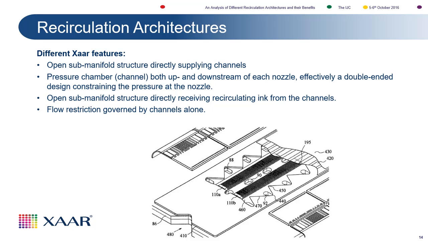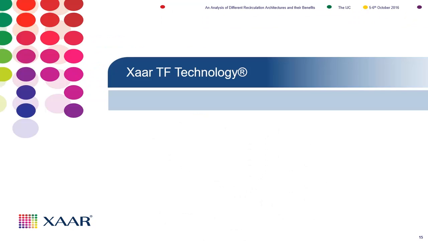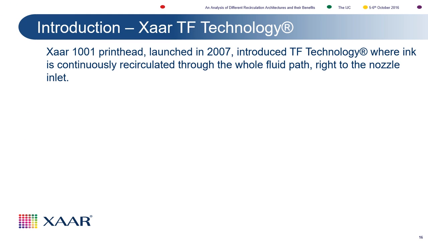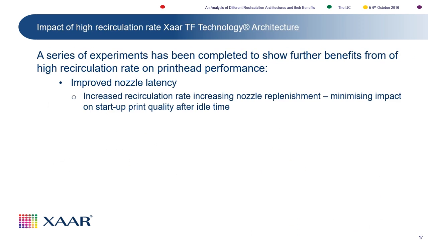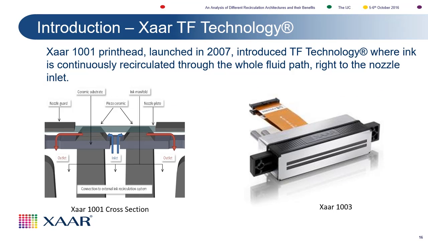And this obviously was first implemented in 2007 with the Xaar 1001. That's a more detailed picture of the architecture, and obviously that was what started off the revolution in industries like ceramic printing with this recirculating architecture.